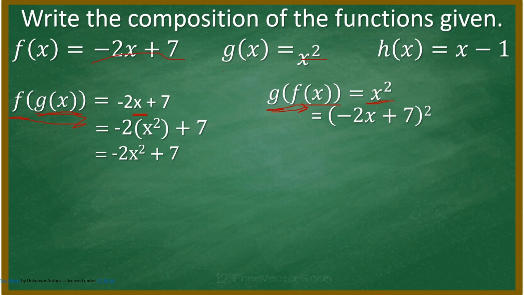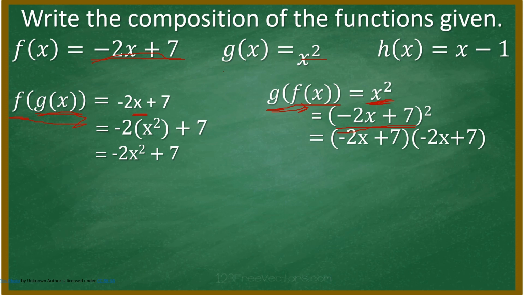So wherever we have an x here, we have to replace it with our f of x value. And that's what we've done here. That's why you have negative 2x plus 7 in parentheses squared rather than just this x, because we replace the x with the value of the f of x function, which is negative 2x plus 7.